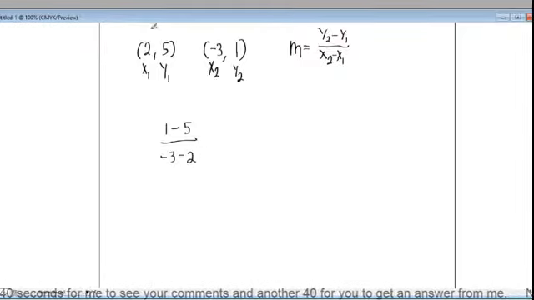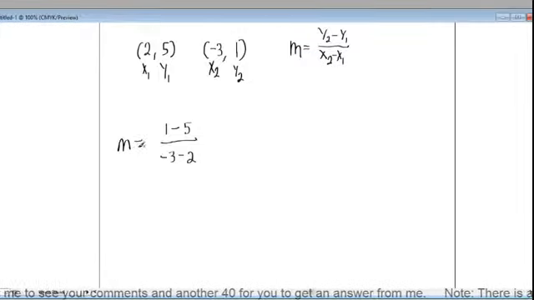Okay, and again, this is slope, so m. All right, so we just need to look at the tops and bottoms separately. So 1 minus 5 is -4.